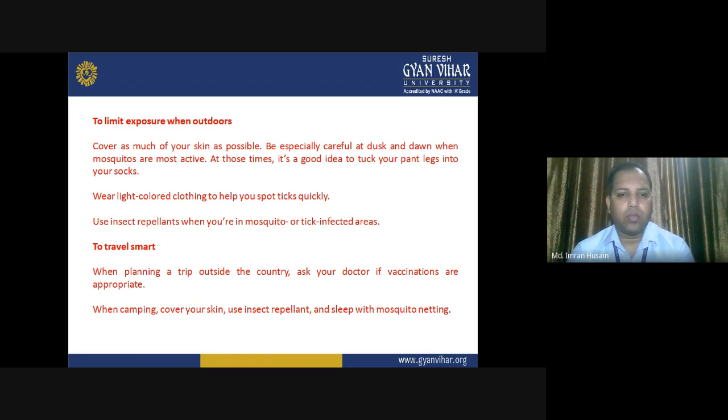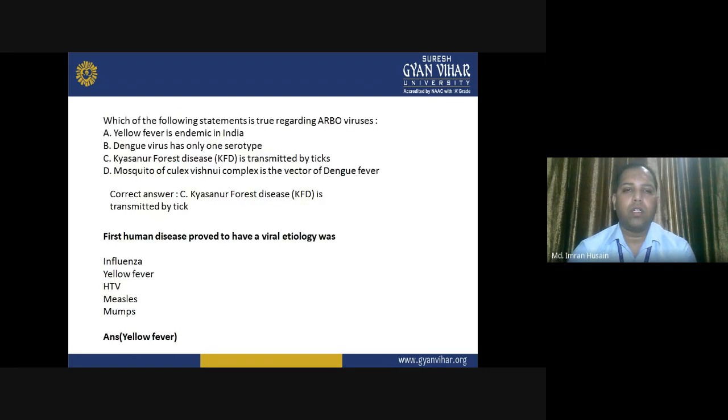Use insect repellents when you are in mosquito or tick infested areas. To travel smart when planning a trip outside the country, ask your doctor about vaccinations, if they are appropriate. When camping, cover your skin, use insect repellents, and sleep within mosquito netting.